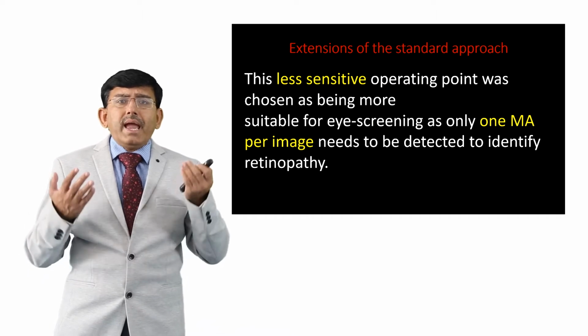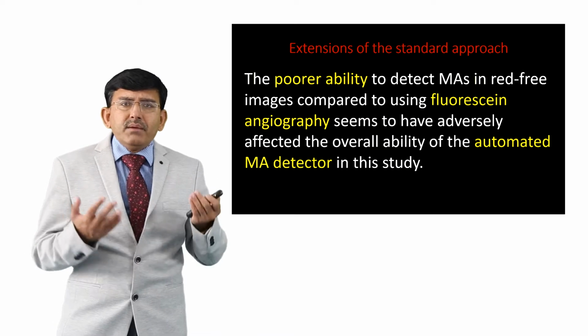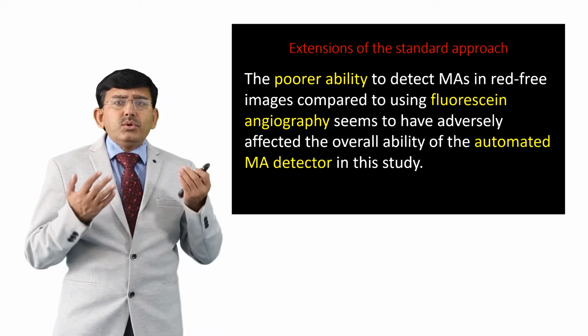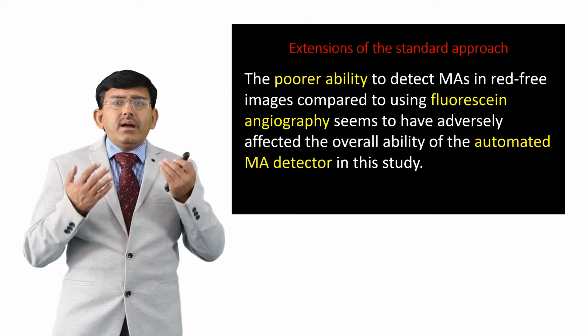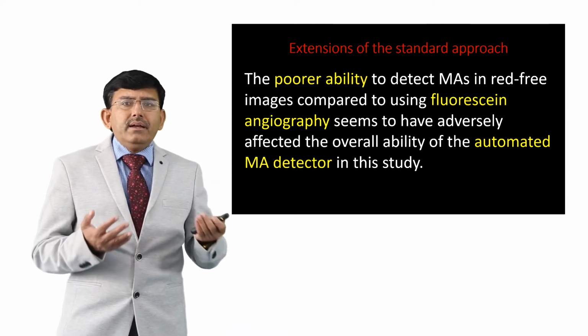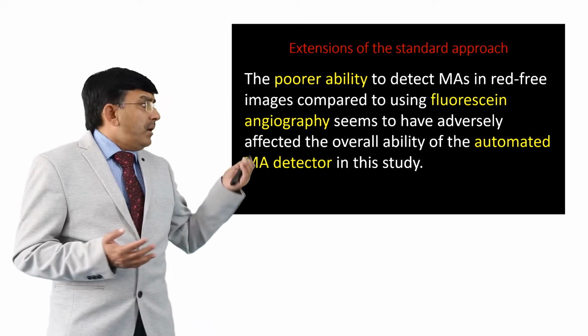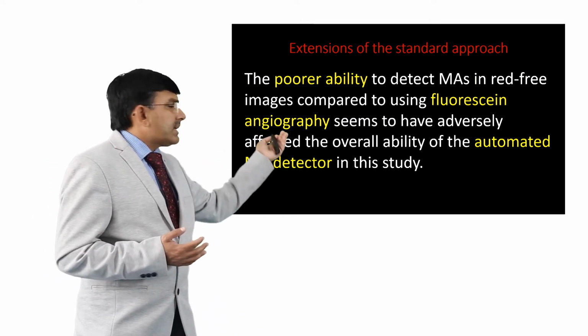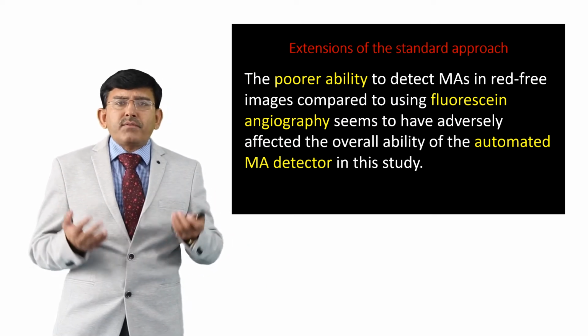The poor ability to detect microaneurysms in red-free images compared to using fluorescein angiography seems to have adversely affected the overall ability of the automated microaneurysm detector in the study which was performed.